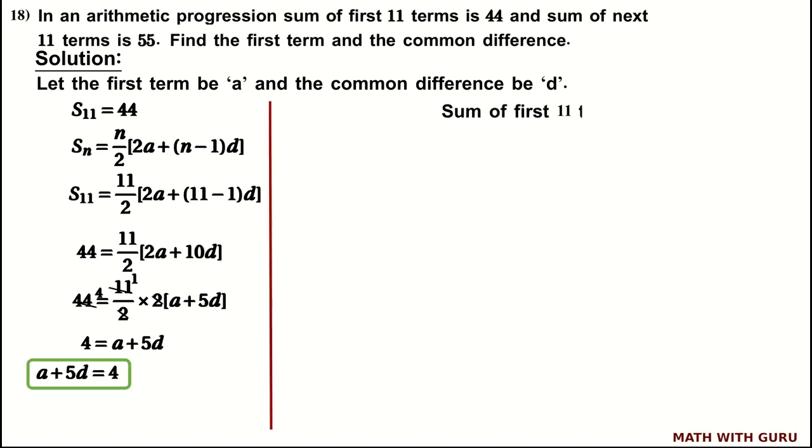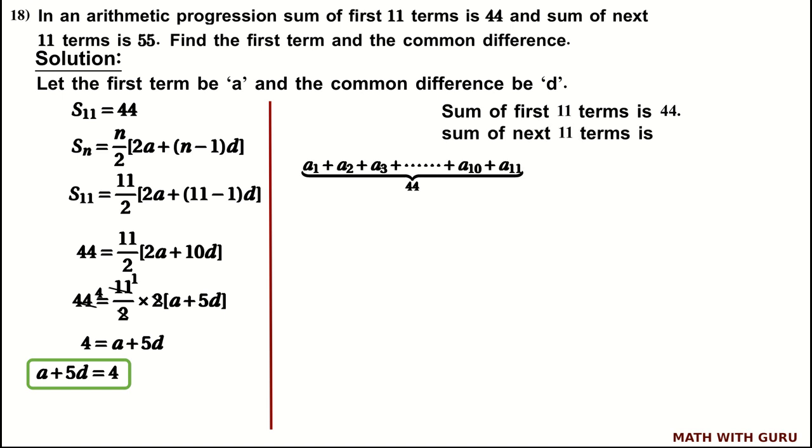Now, sum of first 11 terms is 44. That is, a1, a2, a3, etc. up to a11, their sum is 44. Sum of next 11 terms is 55. That is, starting from a12 to a22, the sum is 55.